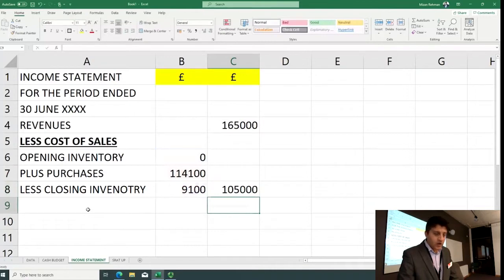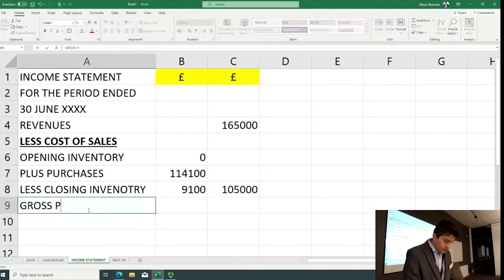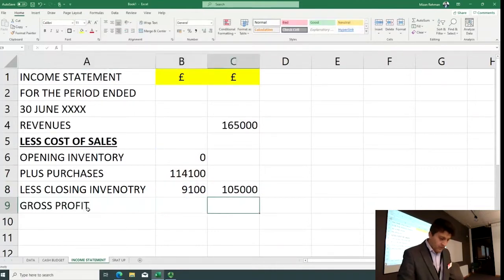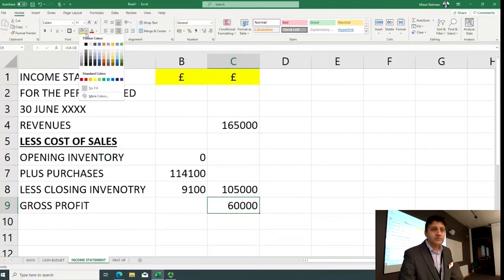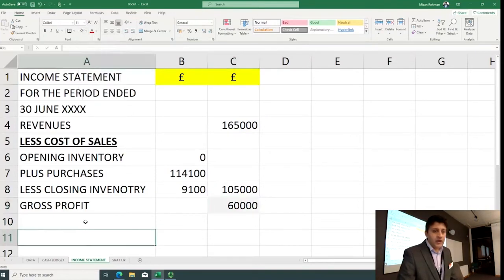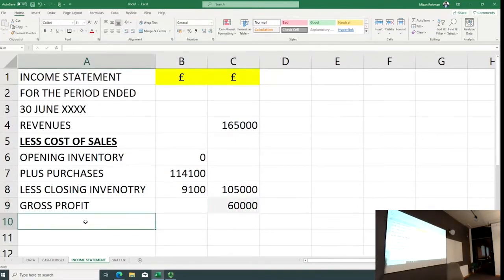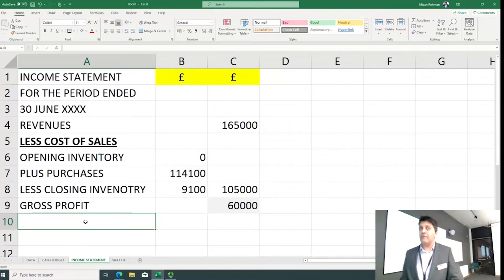Gross profit, $60,000. And after gross profit, you would usually see operating expenses and then operating profit for the companies you've already seen. In this case, we have other income.